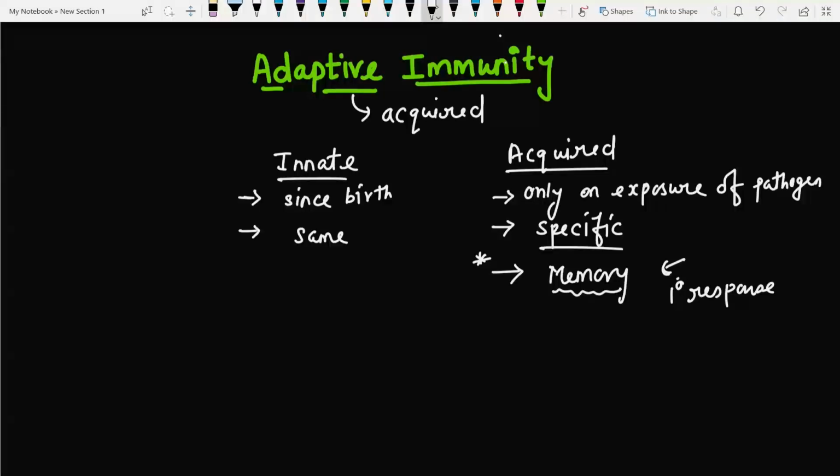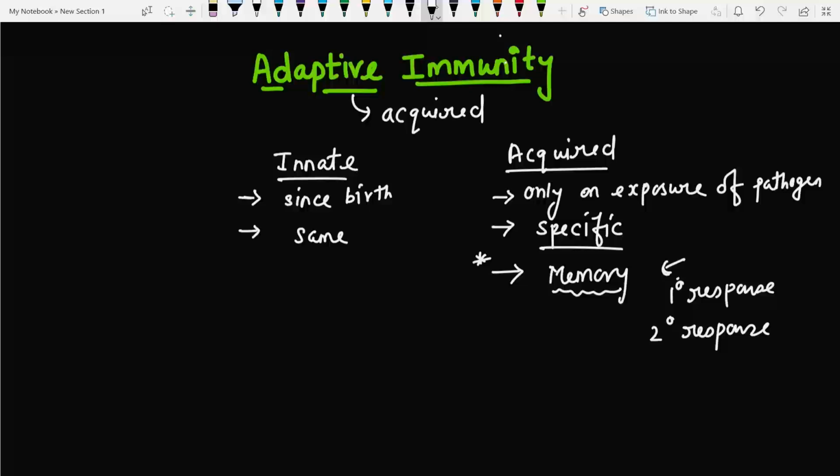The primary response will of course be slower, but when the acquired immunity is activated, it will store its memory. The certain cells which are involved we will discuss now. The activated cells will remain as memory, and they will activate when a pathogen enters a second time. That response is called the secondary response.